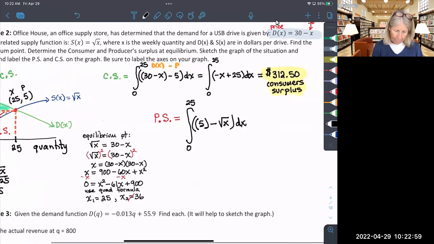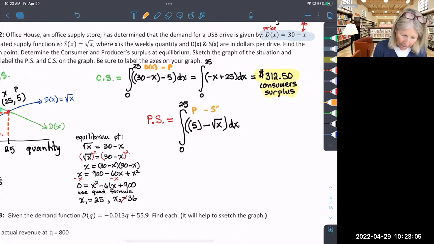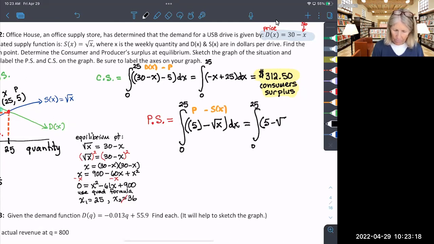Right? So again, I'm using the formula that we take the price and we subtract the supply function. Okay, so there's not really a lot of cleanup here. Maybe I'll just drop a set of parentheses. So I'm going to integrate from 0 to 25 of 5 minus the square root of x.